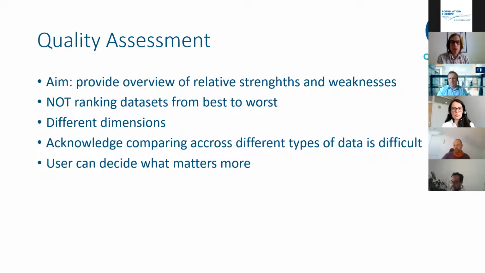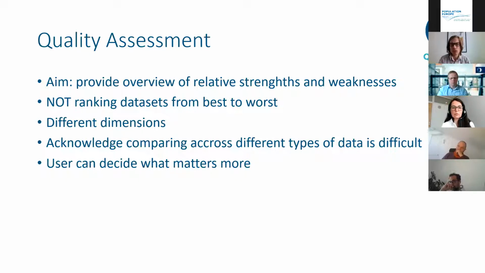So then about this quality assessment that we added. The aim of this quality assessment is to provide users an overview of what are the relative strengths and weaknesses of the data. What I clearly want to state is that this is not a ranking of the data set. It's not saying this is the best and this is the worst. Rather, we distinguish different dimensions in which data sets are either relatively good or score relatively less well.